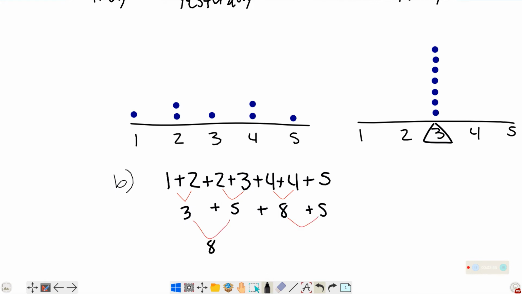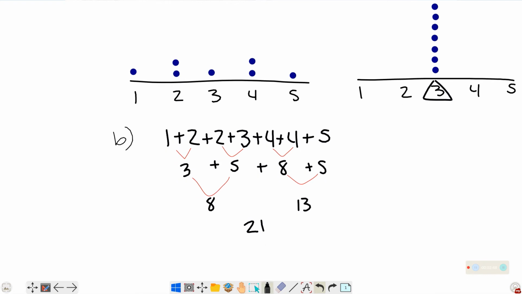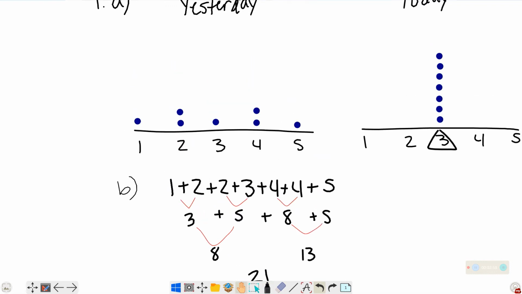And 8 and 5 is 13. And 8 and 13 gives us a total of 21. 21 divided by 7 is also 3. So up here on our dot plot, we need to draw a triangle around 3 as well.